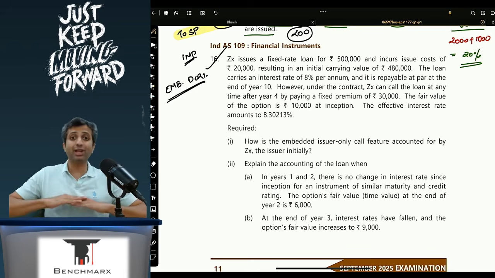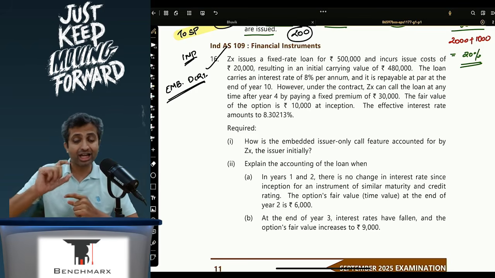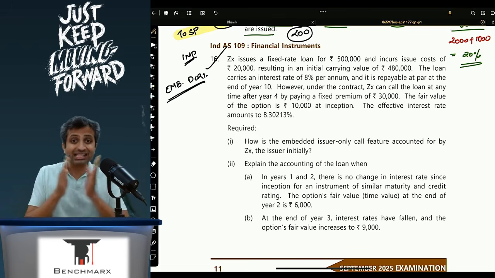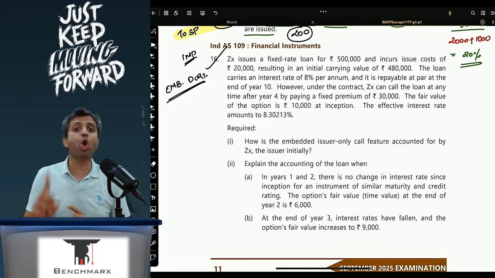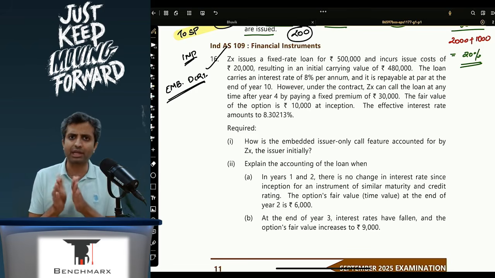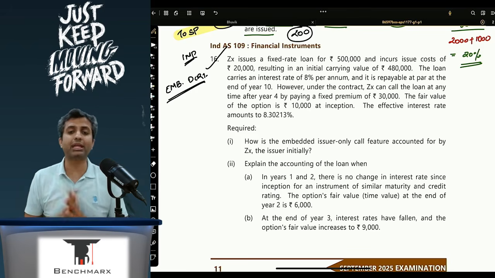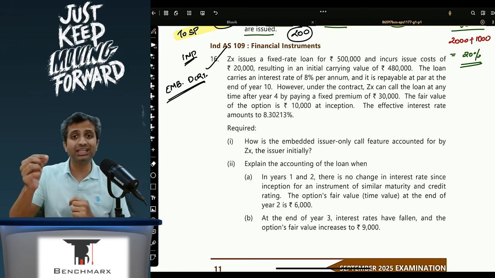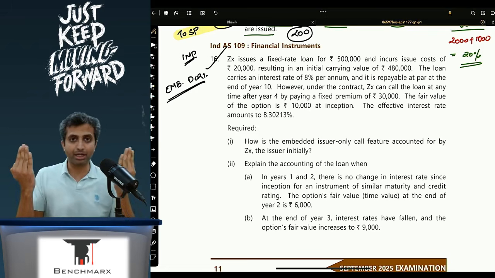So if there's a loan that we have taken which is a financial liability and it has a prepayment option, so there is an embedded, that is stitched in a built-in derivative, then we will separate the loan and the derivative if the economic characteristics are not closely related. Remember, if the economic characteristics are closely related, that is, they have a strong economic relationship, then there is no need for separation. Now, how will I know whether the economic characteristics are closely related or not? One of the ways to do this is to find the amortized cost of the loan without the prepayment option and compare it with the prepayment price.